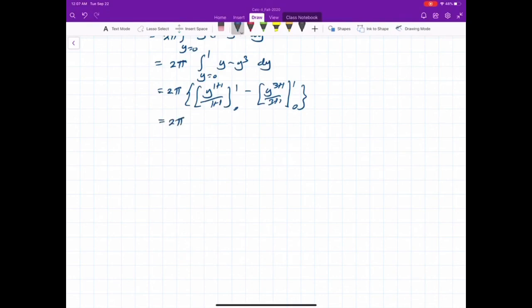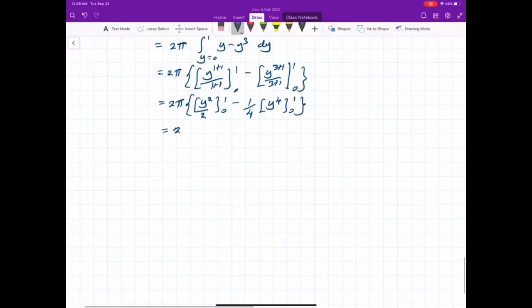Two pi times y to the power 2 over 2, limits are from 0 to 1, minus 1 over 4 times y to the power 4 from 0 to 1. The upper limit is 1.